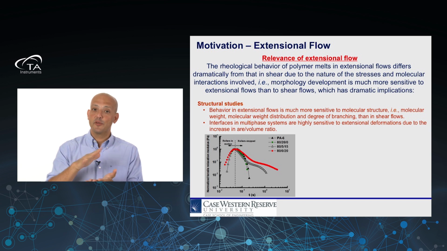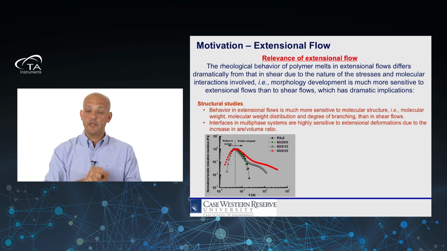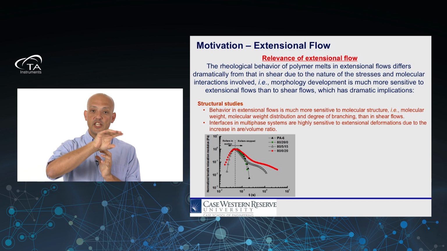Not much happens to the rubber phase. But now if I add some compatibilizer, if I graft a copolymer, in this case maleic anhydride, onto the EPM, now I'm compatibilizing the two materials.